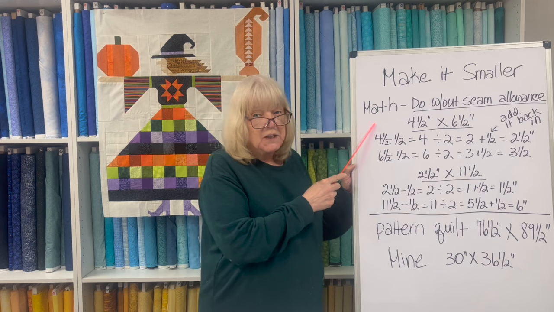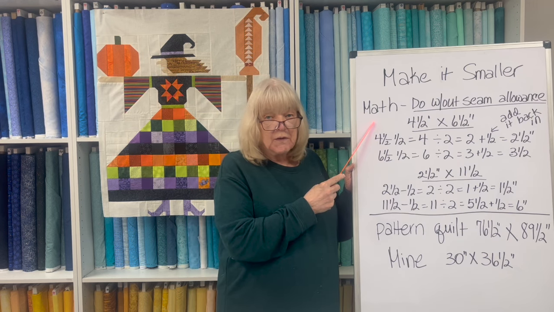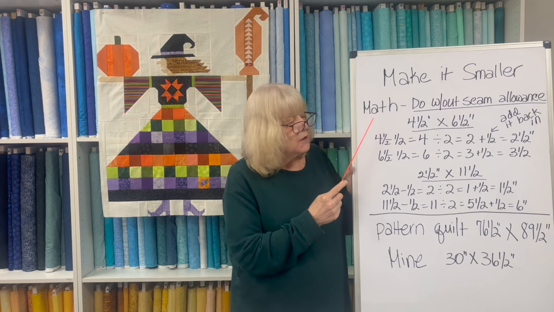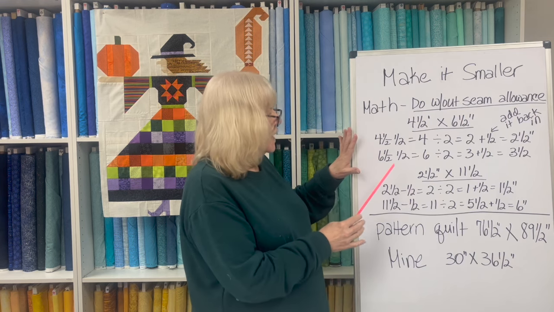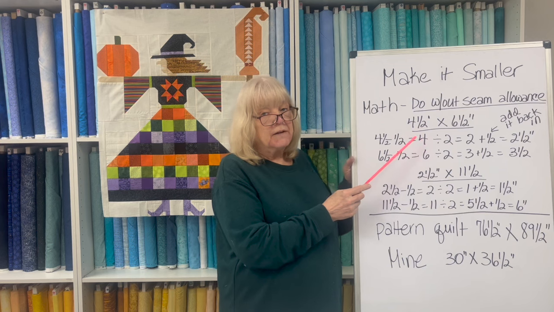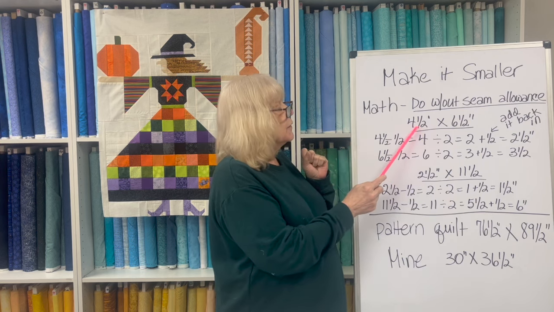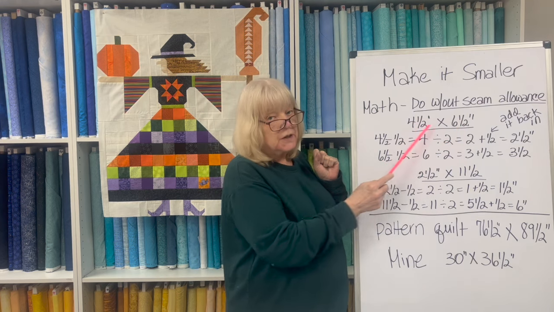If you've watched my channel before, you know the mantra is do the math without the seam allowance and then add it back in at the end. So I'm just going to give you two examples here. If you're making something half the size, you take what they tell you to originally cut.